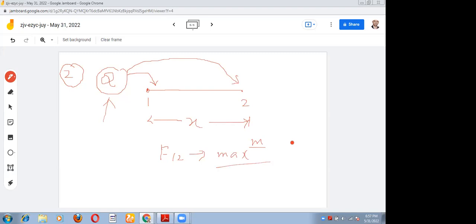First time explaining to you, so you write the question. You can write: we are given two particles 1 and 2 separated by distance x.